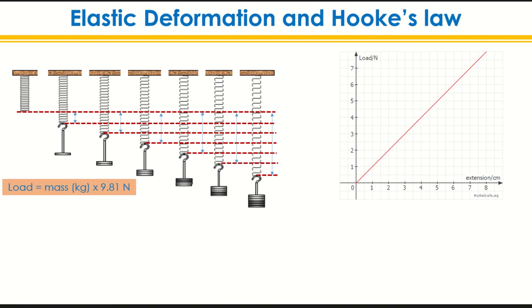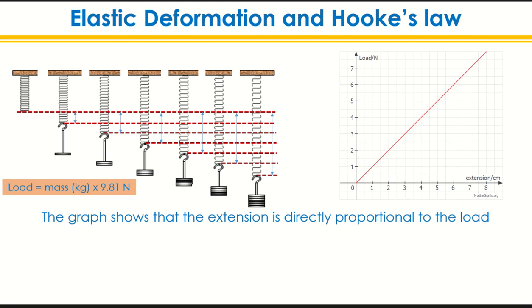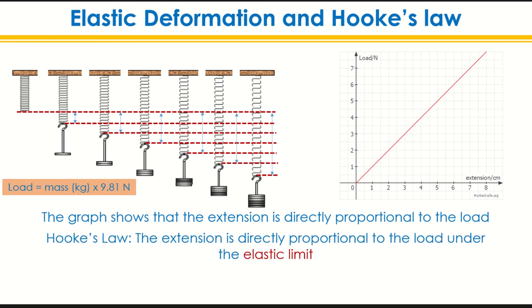This is only possible when you have deformation which is temporary, so when you unload, it will restore its shape. The graph here shows the proportionality, and this can be described with a law called Hooke's law: the extension is directly proportional to the load under the elastic limit.